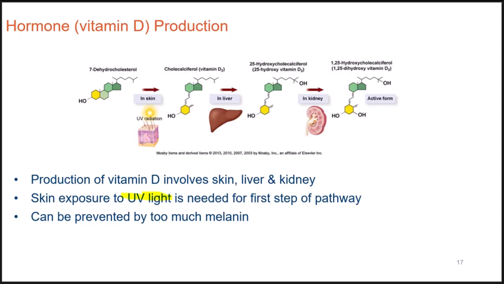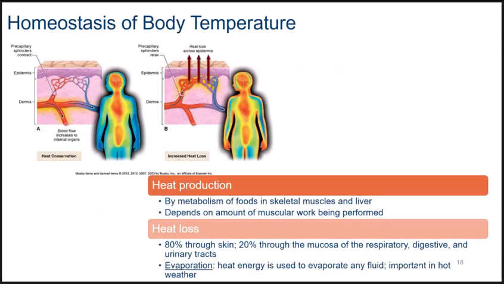And this pathway can actually be prevented or affected in individuals who have too much melanin because they're not able to absorb the UV rays the same way as people that have less melanin. And all you need to know from this diagram here is that it starts in the skin, and then between the liver and the kidney, we form the active form of vitamin D, which plays a role in many different functions in the body.